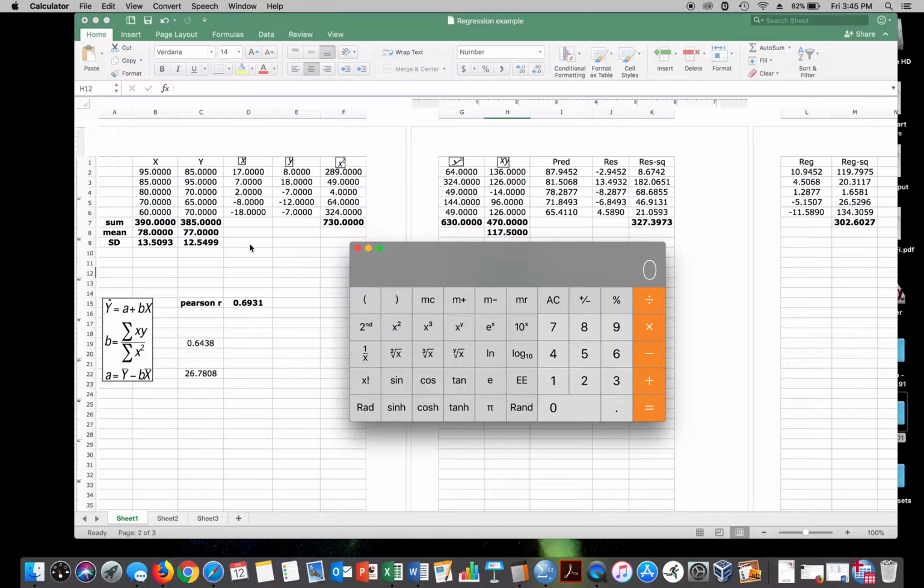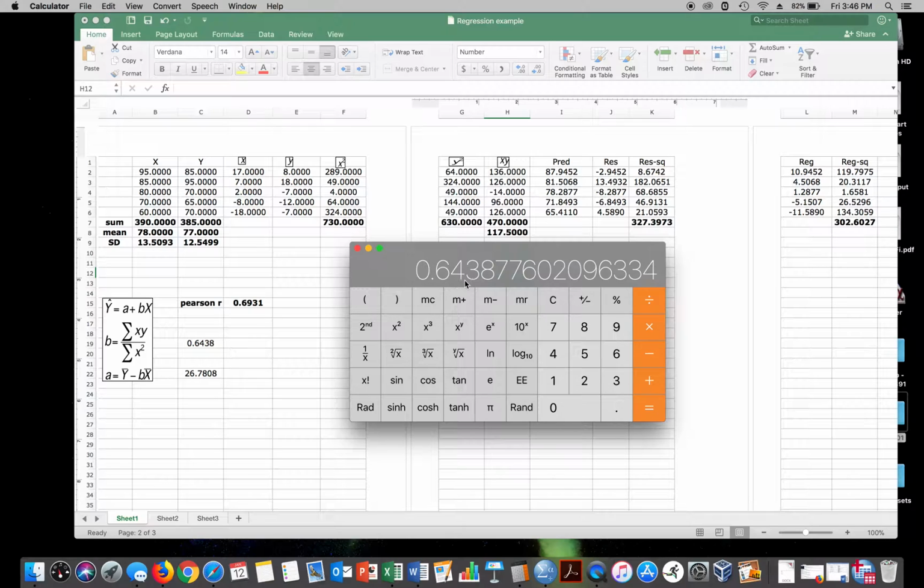Now I can use these values that we've just computed to compute my beta weight and my intercept value. My beta weight is simply going to be the standard deviation of depression, 12.5499, divided by the standard deviation of disordered eating, 13.5093, and I multiply that by the Pearson R, 0.6931.